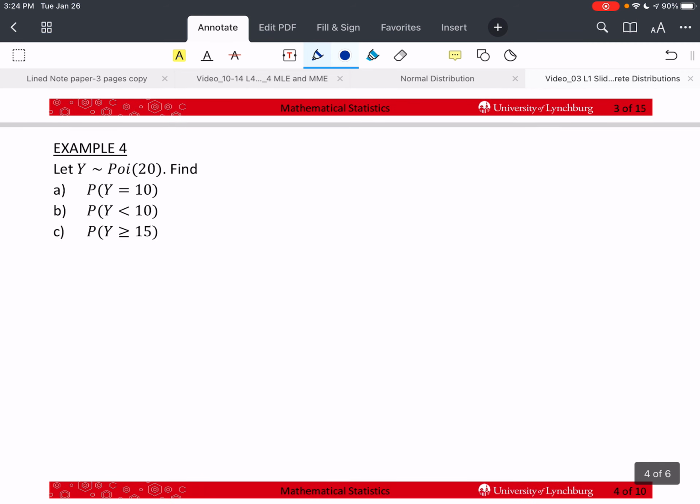So we're going to let Y have a Poisson distribution with lambda equal to 20. We want to find the probability that Y is equal to 10. Okay? So to do this, remember that mu is equal to lambda, which is equal to 20, and sigma squared is equal to lambda, which is equal to 20.